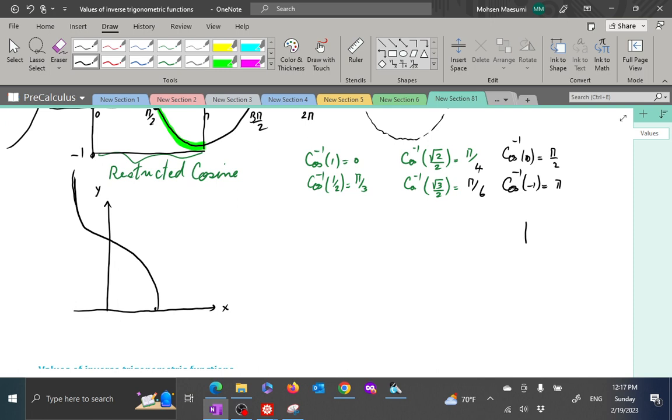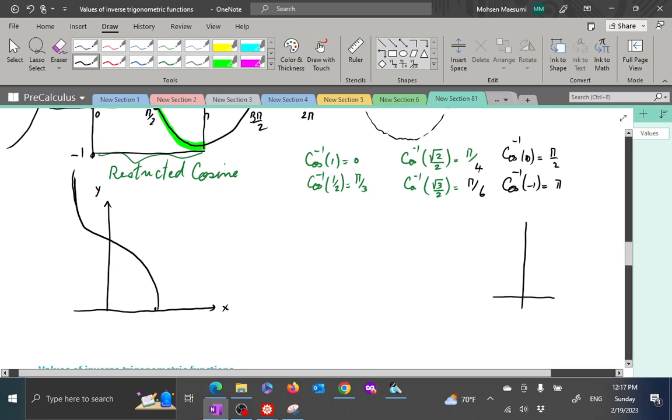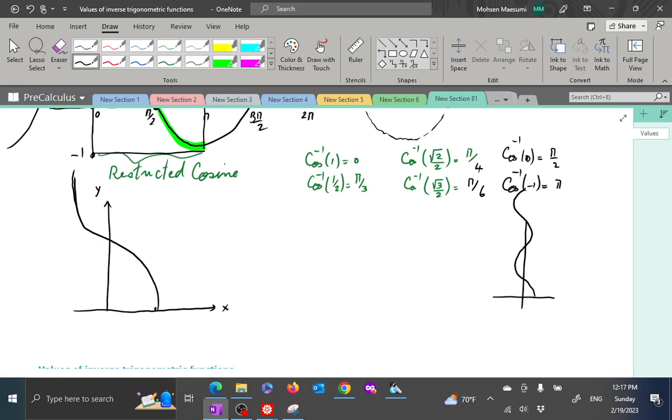So let me draw another one here so that we have room for it. They take this wave and wrap it around the y-axis. That's the graph of x is equal to cosine of y. We usually do y equal to cosine of x, but there's nothing to prevent us from doing the other equation.